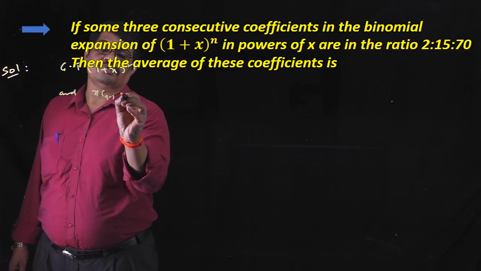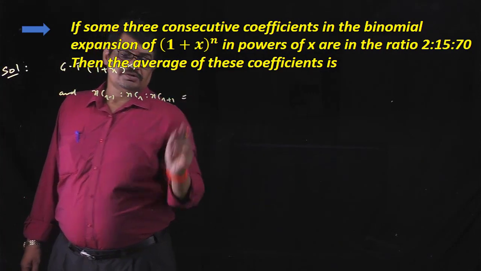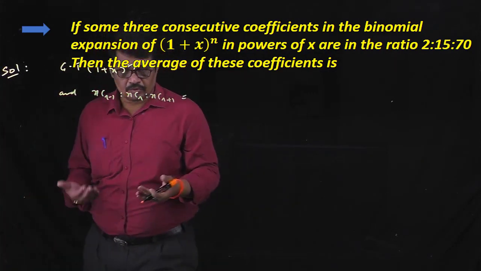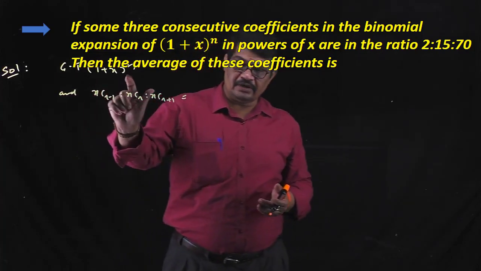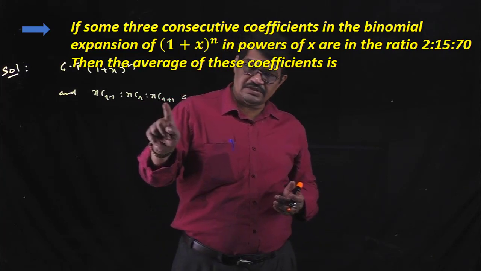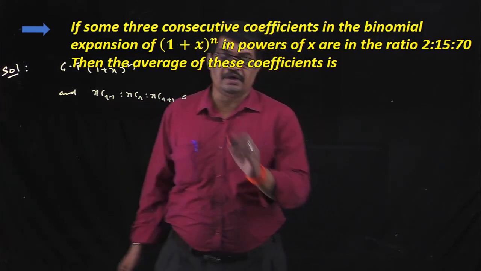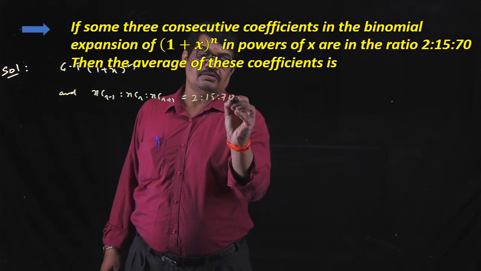nCr minus 1, nCr, nCr plus 1. So the three consecutive coefficients in this expansion of (1 plus x) whole power n are nCr minus 1, nCr, nCr plus 1. These are given in the ratio 2 is to 15 is to 17.